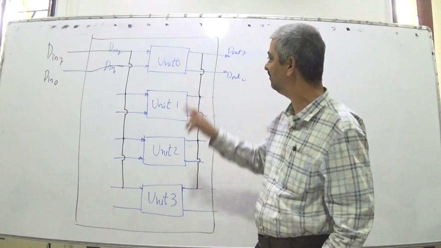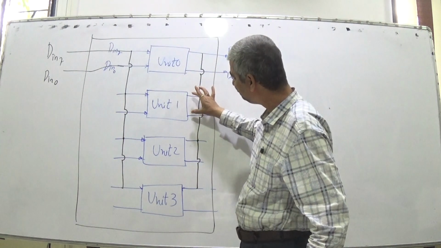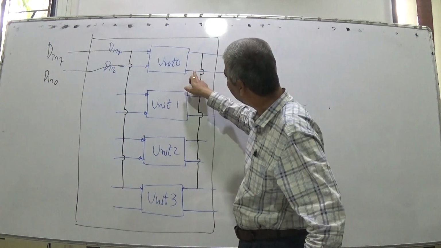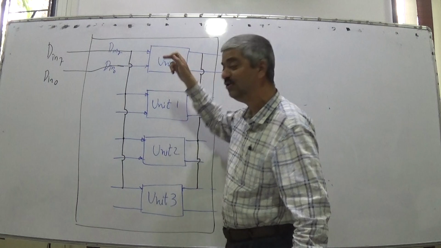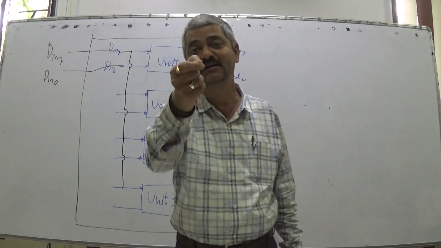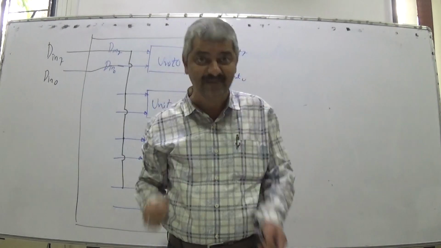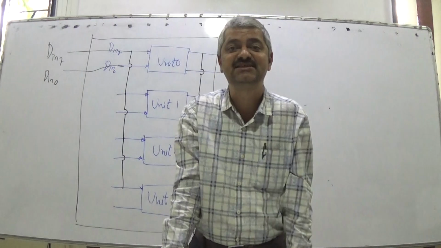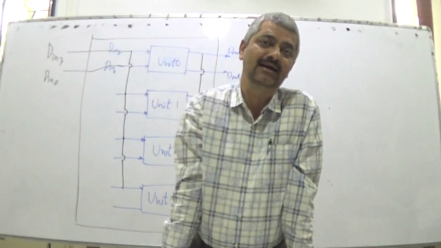Like that, when I am combining data lines of unit 0, data lines of unit 1, the data is not going to come on these lines, because the data is there inside, but here there are switches. When I make read bar of a single byte cell 0, only that will put the data.